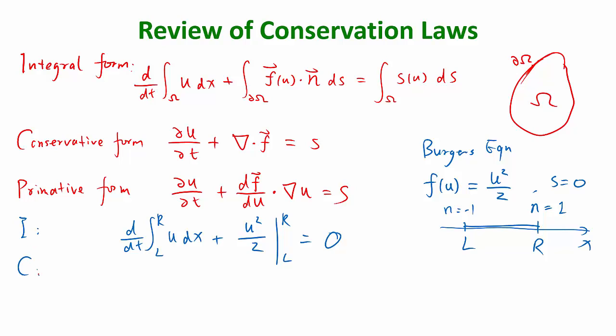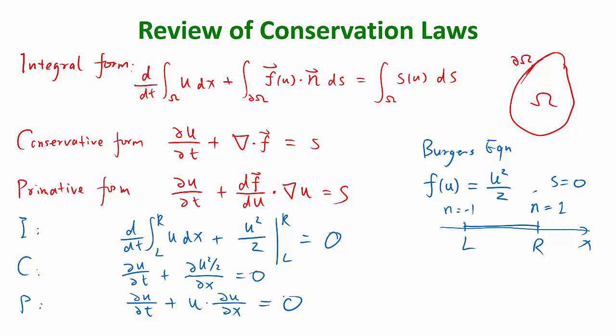The conservative form: partial u, partial t plus the divergence, which in 1D is just the spatial derivative, partial x of u squared over 2, equal to 0. And the primitive form: partial u, partial t, apply the chain rule to u squared over 2, we get u times partial u, partial x, equal to 0.